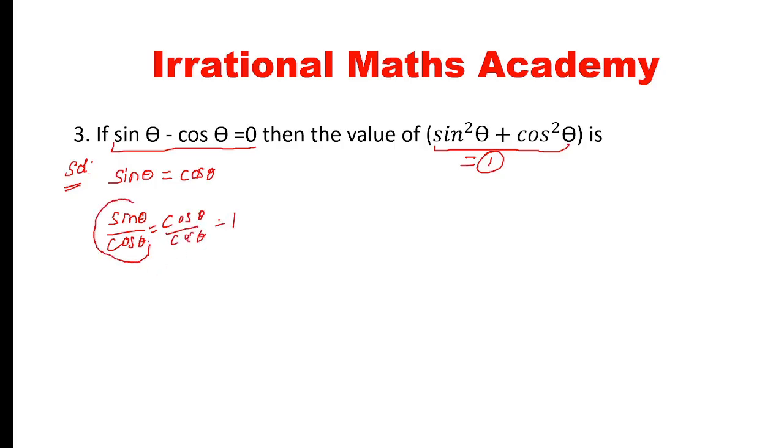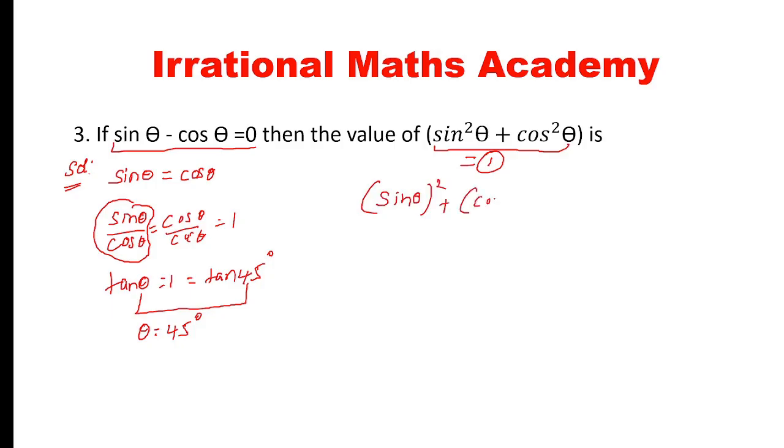So sin theta by cos theta, tan theta equal to 1, which I can also write as tan 45 degrees. So theta equal to 45 degrees. Now since I know the theta value, I'll substitute here: sin theta whole square plus cos theta whole square.